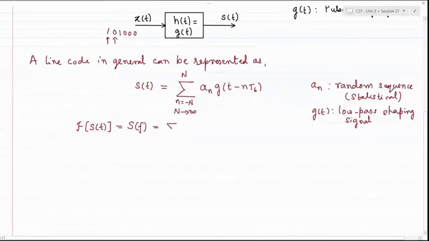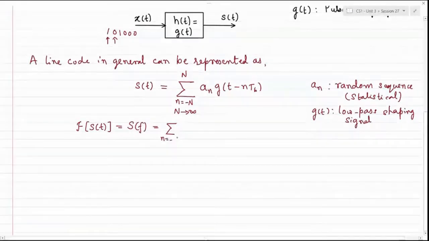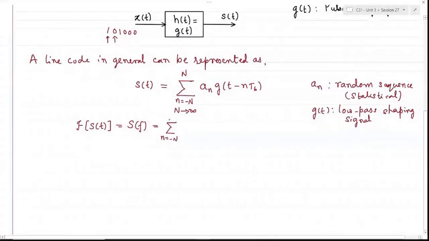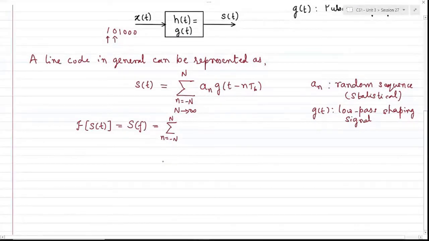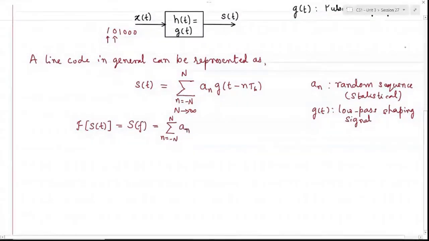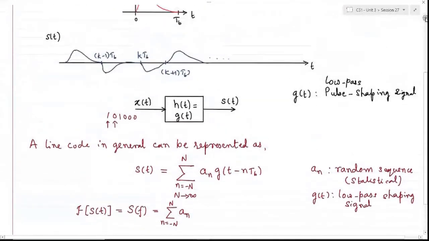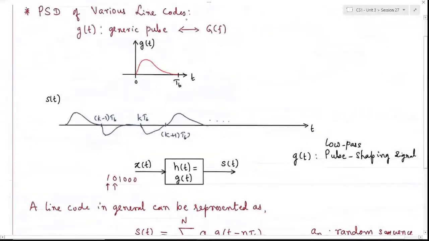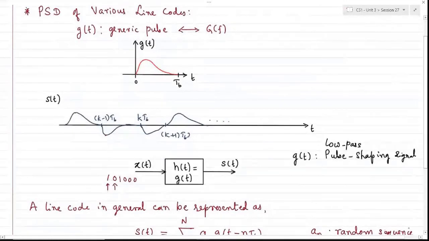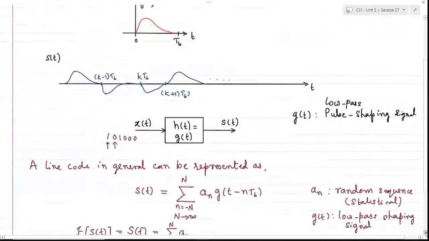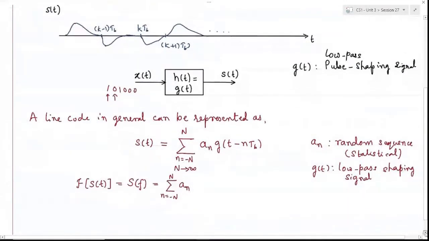summation n from minus infinity to infinity. So this is a discrete signal which is incoming to this filter, as n tends to infinity, because it could be an infinite discrete sequence. So that's understood. As I had written, the Fourier transform of g of t I would represent as G of f, and the signal that I've got is simply a time shifted version of this g of t.